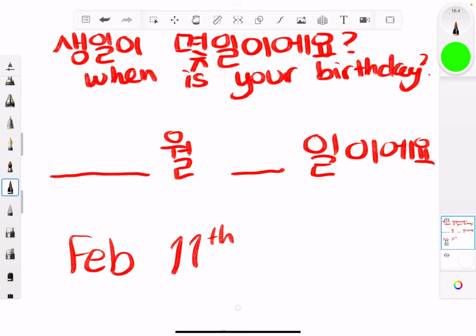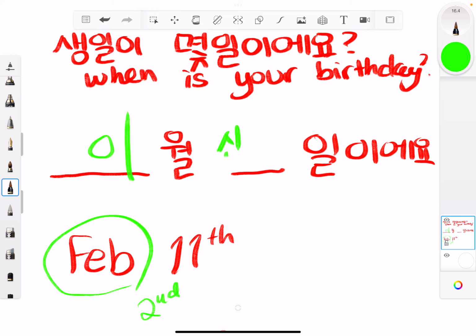February is the second month, so it's going to be 2월, and then 11 is 십일, so this is going to be 2월 11일이에요.